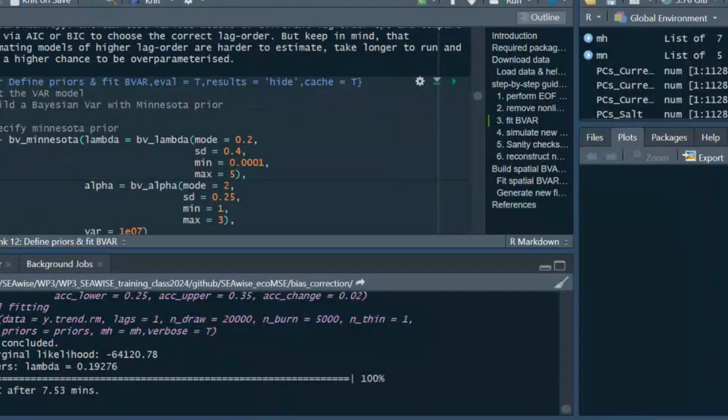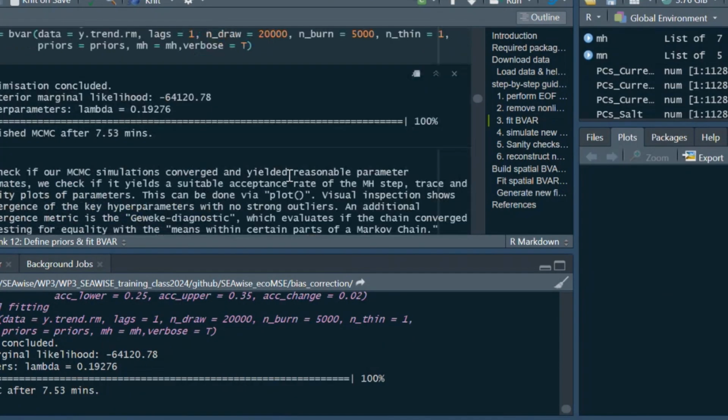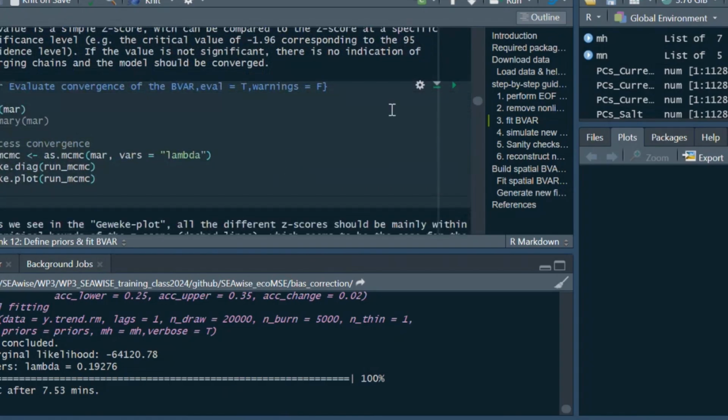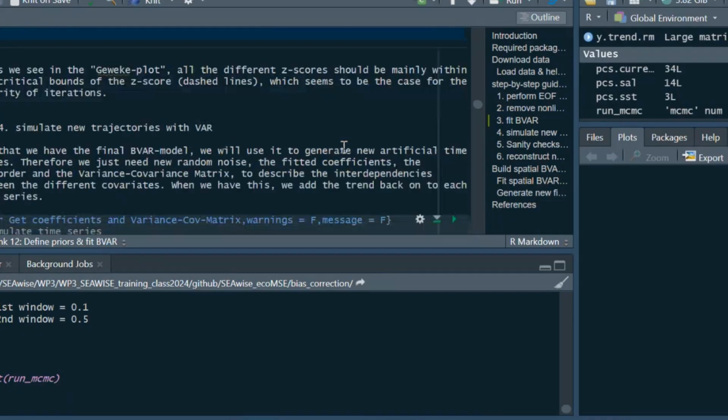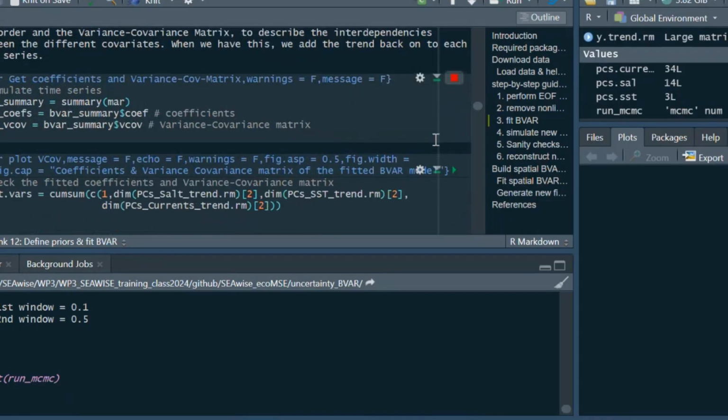Okay, here it took approximately 7.5 minutes, this BVAR model fitting. So yeah, not 2 to 3 minutes, sorry. And then you can plot all the stuff, and we are back in our R script.